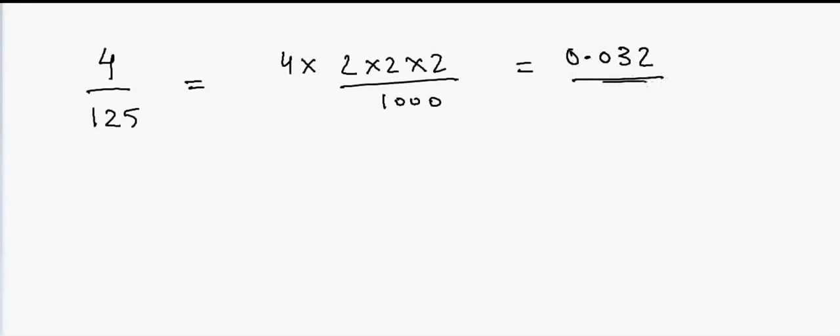That's our answer. Again, if I have 20 and want to divide by 125, so 2 into 8 is 16. So add 16 here, and then I have one more 0 here. So this will be my answer.